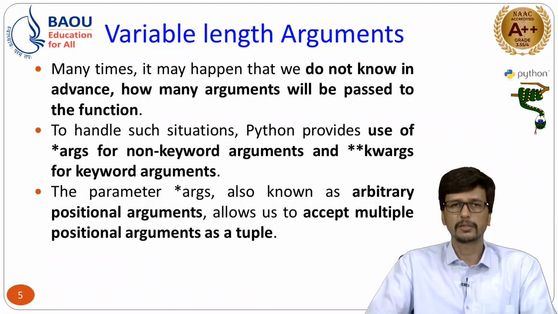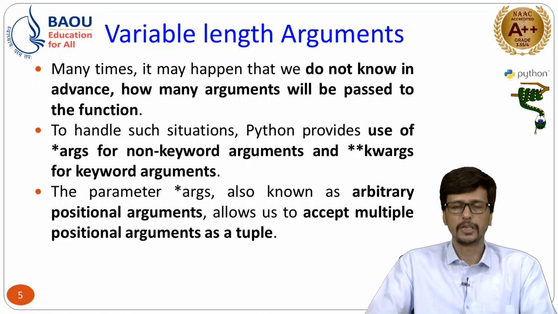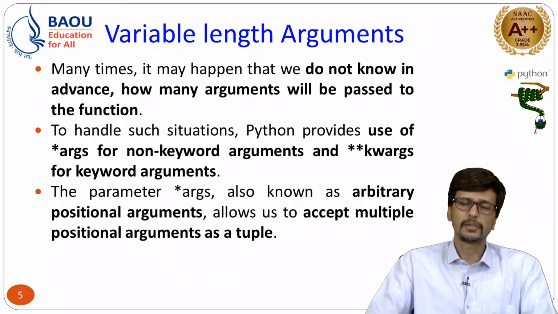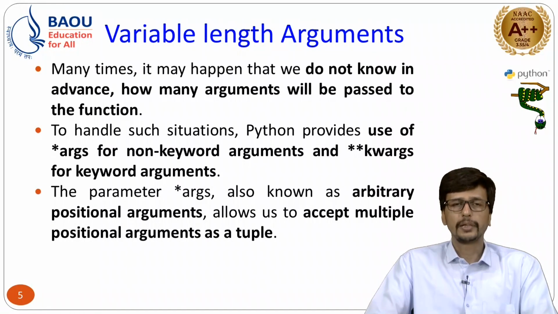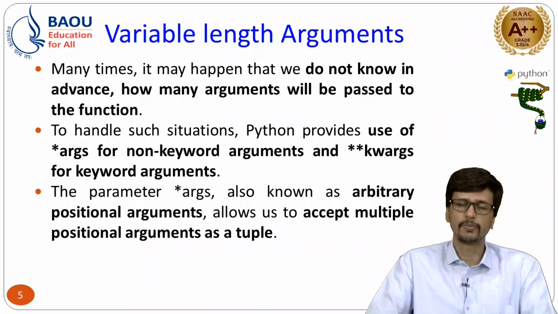Say for example, you can pass a tuple here for passing the values, and second is **kwargs, double asterisk. You can say that for keyword arguments, here you can use a sequence like a dictionary, that means a key and value pair you can pass here. So, ultimately the concept is that if you do not know the total number of arguments and at runtime you want to define the total number of arguments, in that case you can use this variable length argument concept.